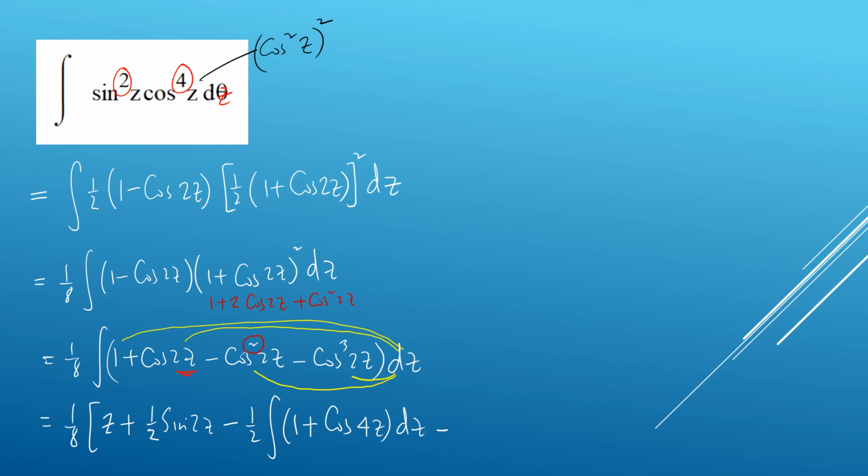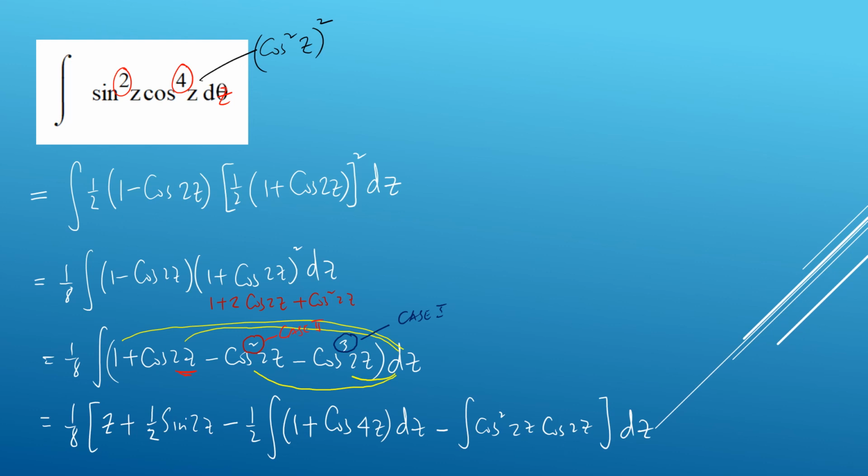In this case, cosine cube will fall under case 1. No? This falls under case 1. Cosine squared falls under case 2. So cosine cube is written as cosine squared 2z times cosine 2z dz.